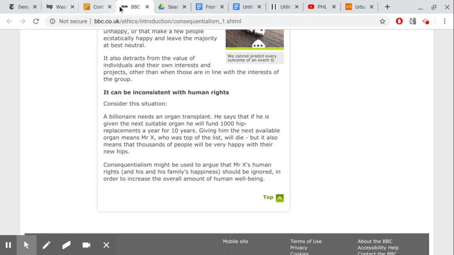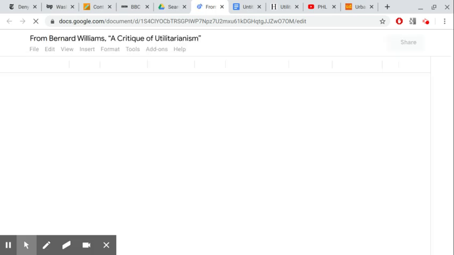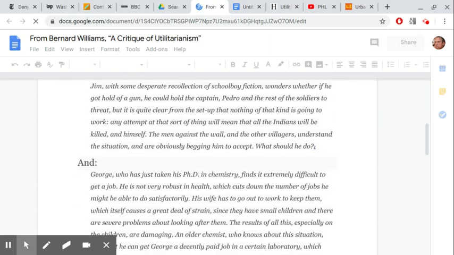I will include perhaps this similar hypothetical from the philosopher Bernard Williams from his critique of utilitarianism, where he offers two scenarios in which being a strict utilitarian would push you to do something, but that in doing so, you might be violating other values that are just as important.